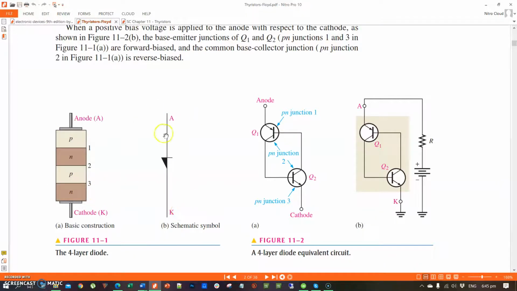The schematic symbol for the four-layer diode is this one. You have two pins, the anode and the cathode. The equivalent circuit is just like this: two BJT transistors connected back to back.